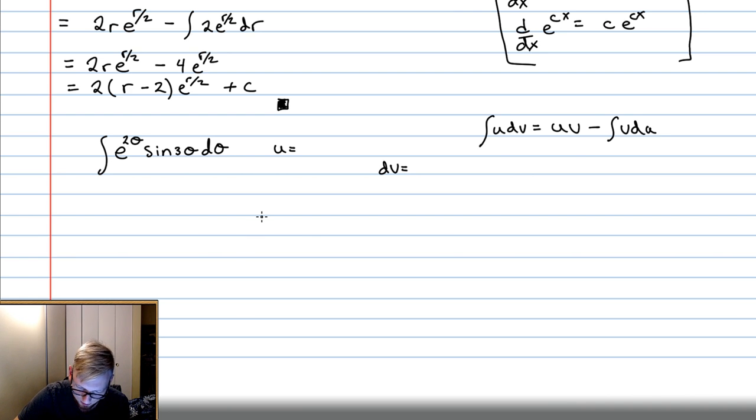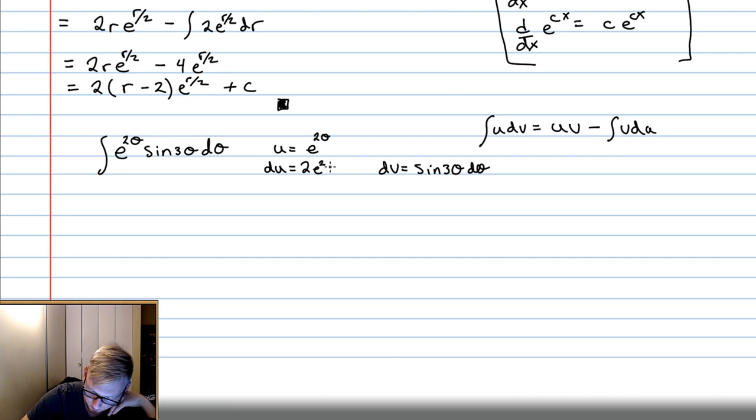Okay, let's do u as e to the 2 theta, and dv is sine of 3 theta d theta. Then we're going to take the derivative of u, which will be, you bring the 2 down, so 2e to the 2 theta d theta. And the integral of sine is what? Derivative of cos is minus sine, derivative of sine is cos.